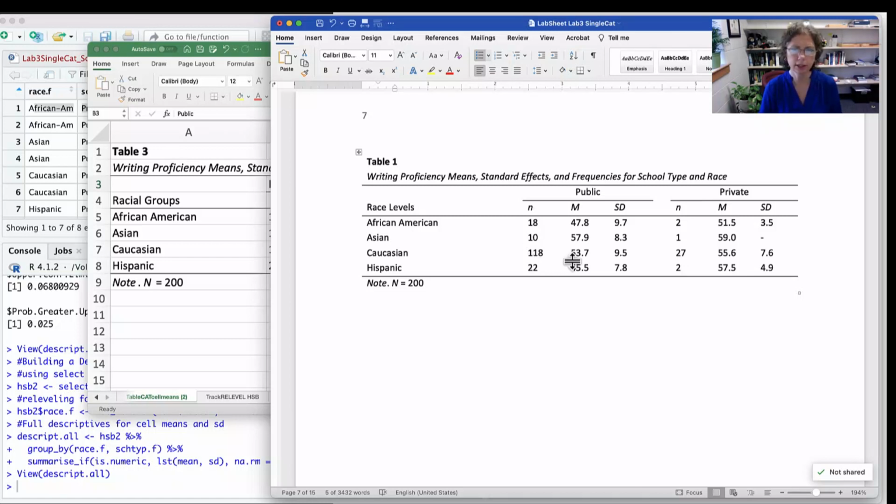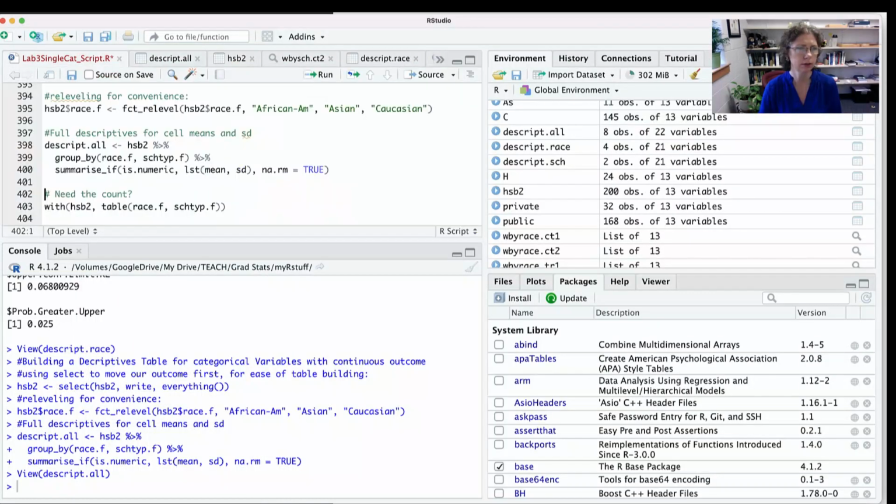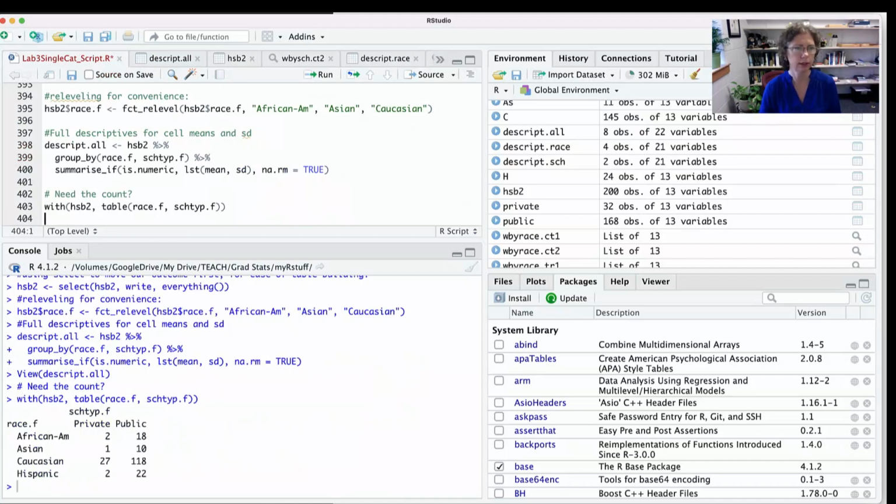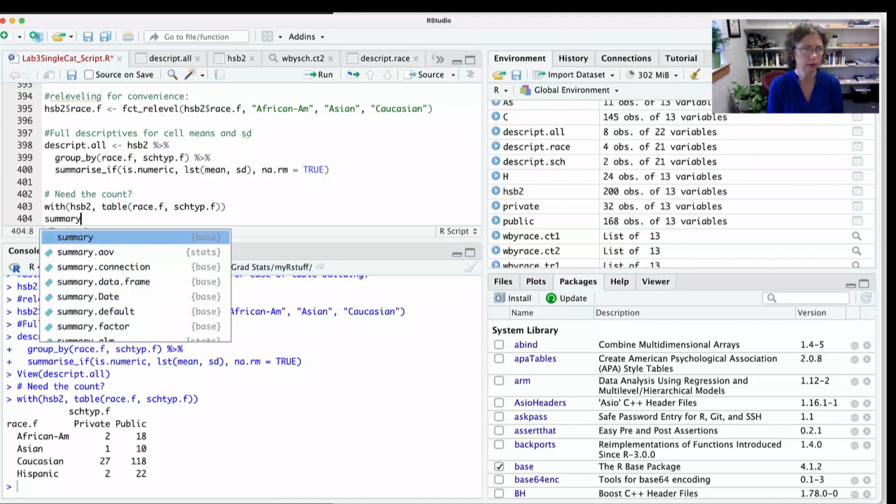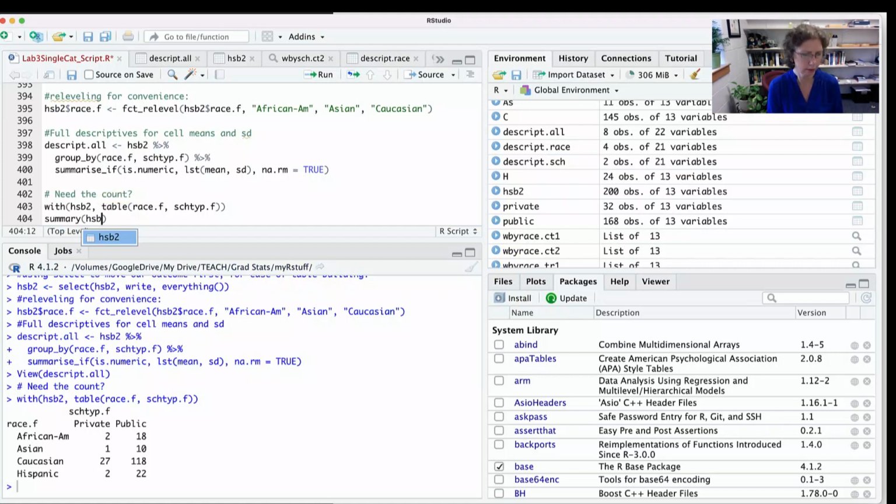Some other things that you can get are the count. So I put a little item there that it quickly gives you the count, but you could also just pull the summary, right? Summary of HSB 2.